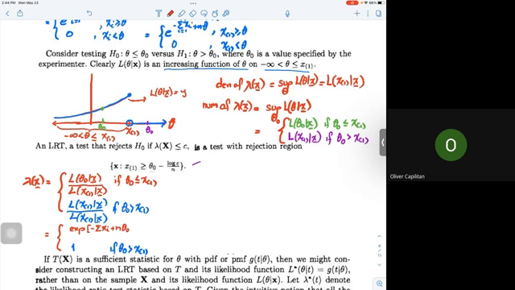Kasi theta sub 0 yun siya. And then divided by the exponential of negative summation of x sub i plus n x sub (1). This is if theta sub 0 is less than or equal to x sub (1).